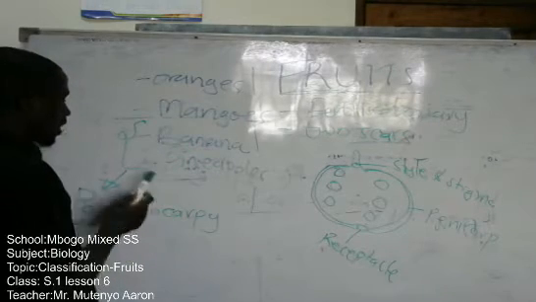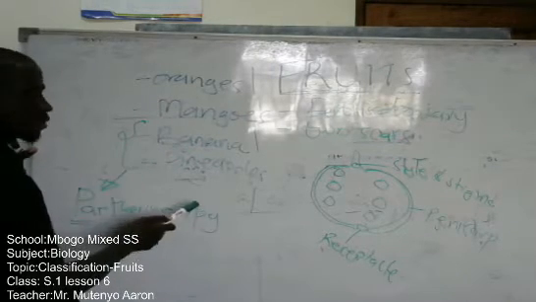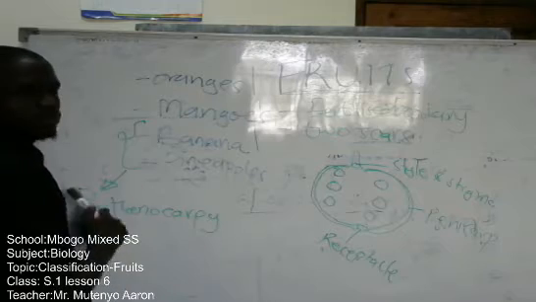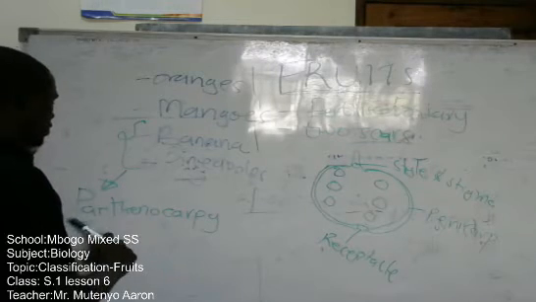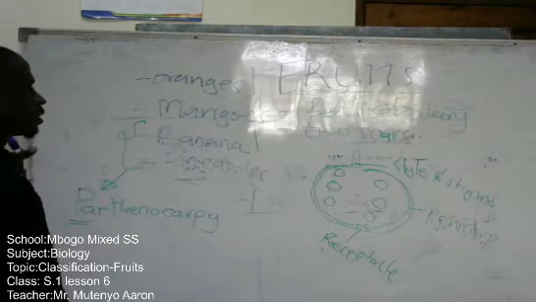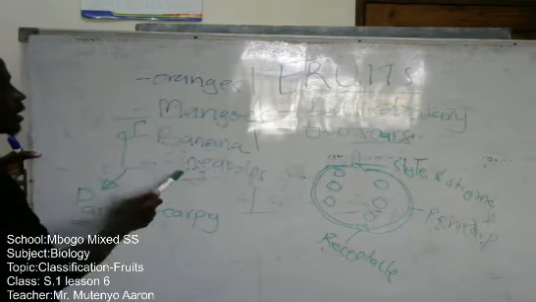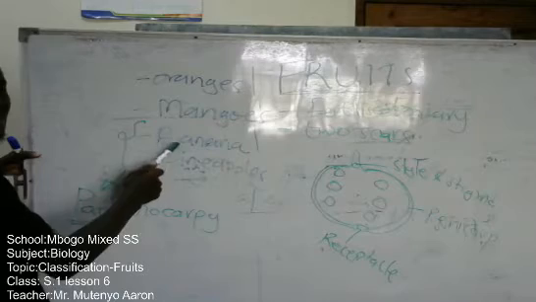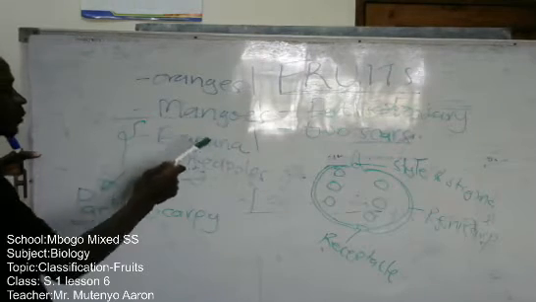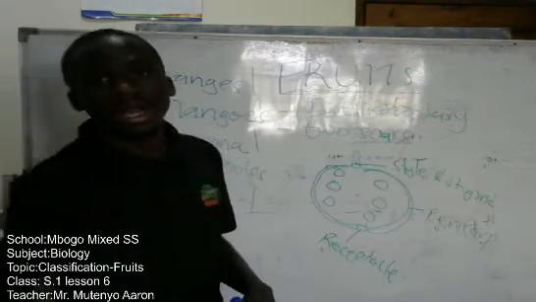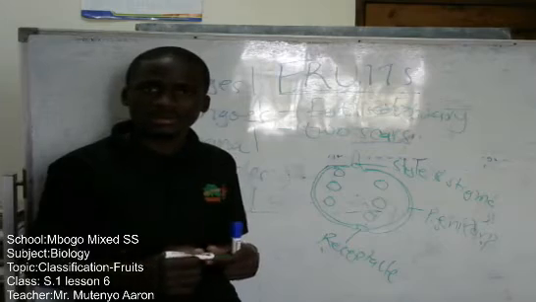And such fruits are developed by the process of parthenocarpy. Parthenocarpy, the spelling is here as you see it on this whiteboard. Parthenocarpy is a process by which such fruits, bananas, pineapples, are developed.